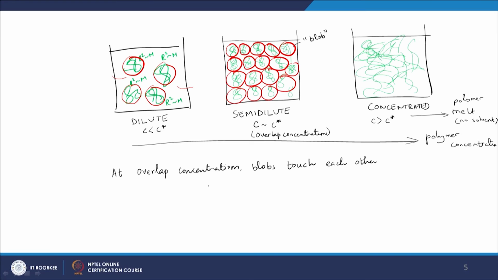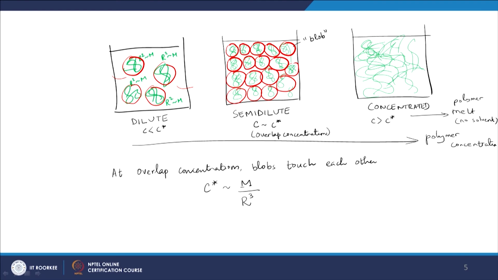So, the concentration inside the blob becomes the concentration in the overall volume, and this helps us to find the overlap concentration.